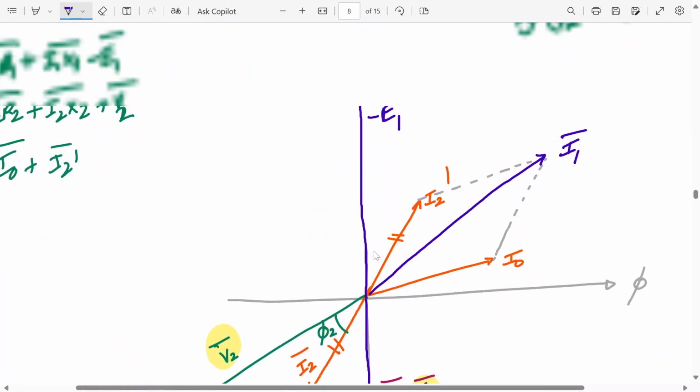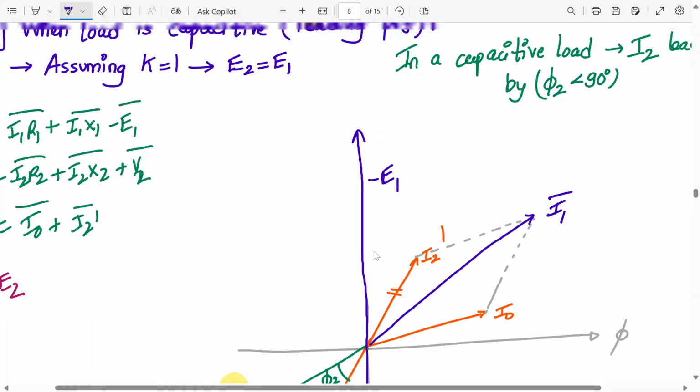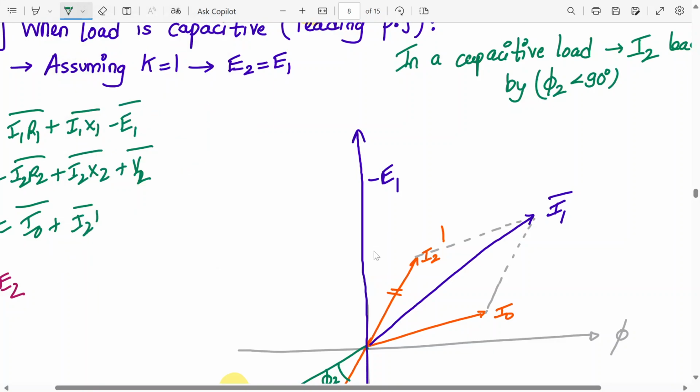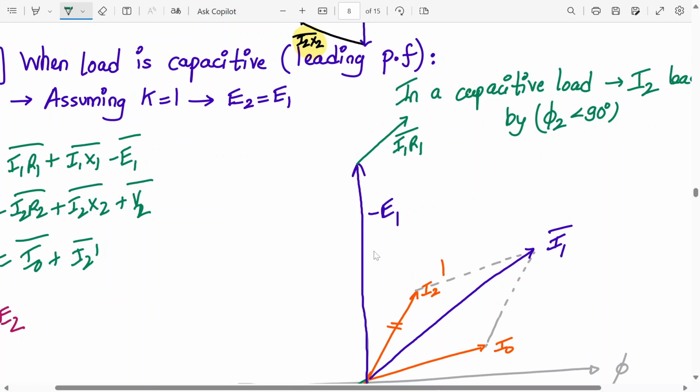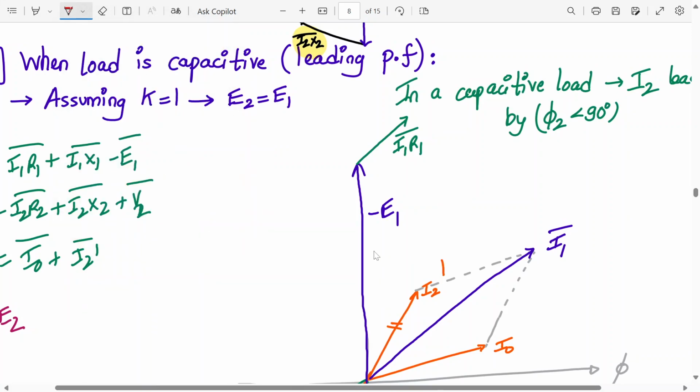Now what will I do? Tell me. Parallel to I1, right? I'll write I1 R1. Then what will I do last? Perpendicular to I1 R1.